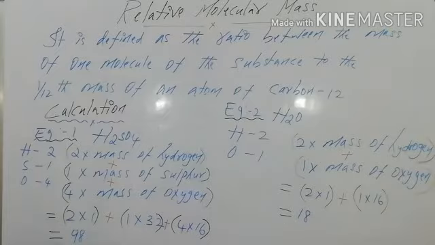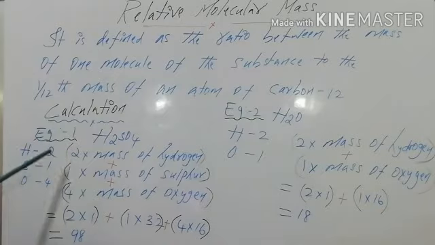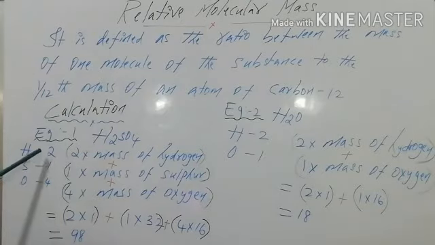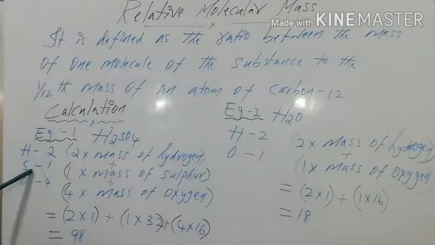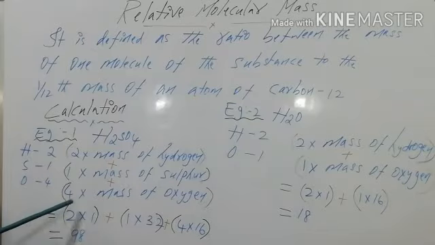Now let us see the calculations for relative molecular mass. Example 1: sulfuric acid, H2SO4. It contains 2 hydrogens, 1 sulfur and 4 oxygens. In this calculation: 2 times the mass of hydrogen, plus 1 times the mass of sulfur, plus 4 times the mass of oxygen.